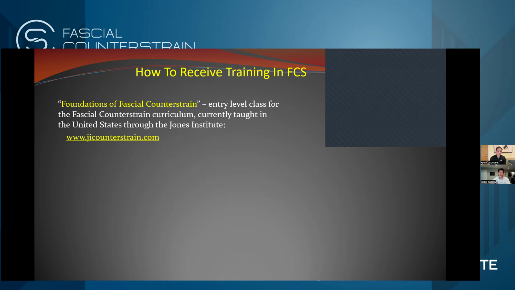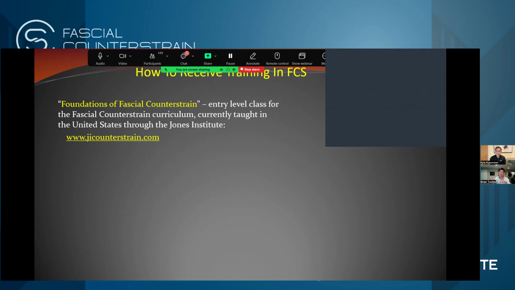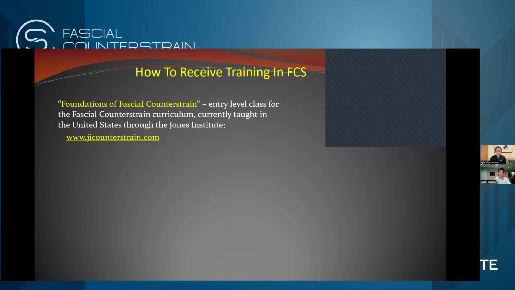I think, selfishly, about the people that love the science of it. How many students do we have that say they learned more from this curriculum than in any of their previous schooling? Well, actually, I'll say one more thing before we go. Kyle and I and the Jones Institute in general gave some of the osteopathic professors a discount rate to come into the foundations class because, when Jones passed away, that entire profession said counterstrain's over, and the osteopathic physicians in the United States just stopped taking it.